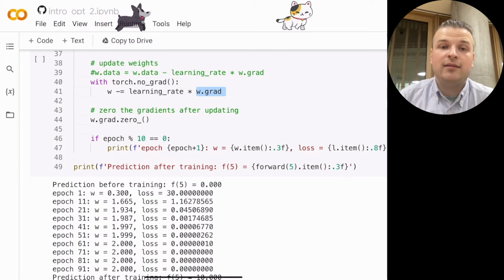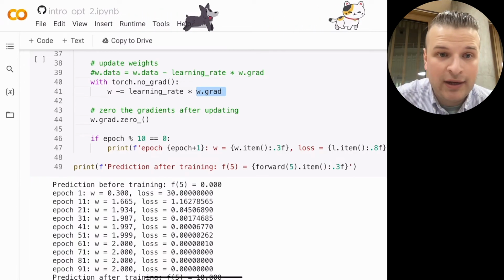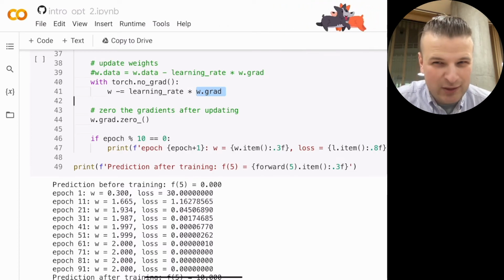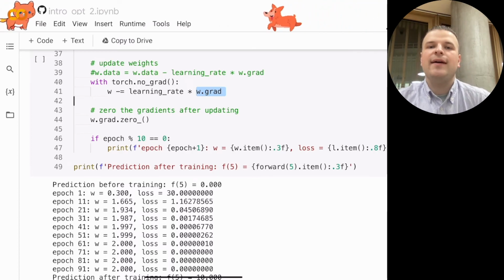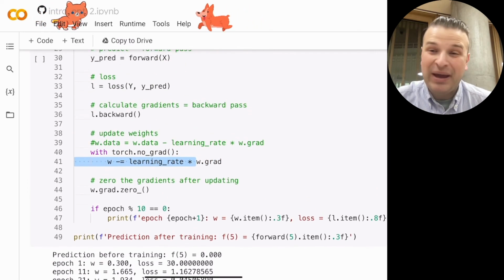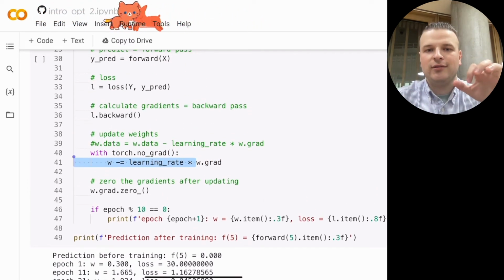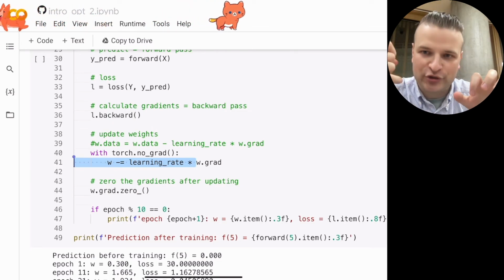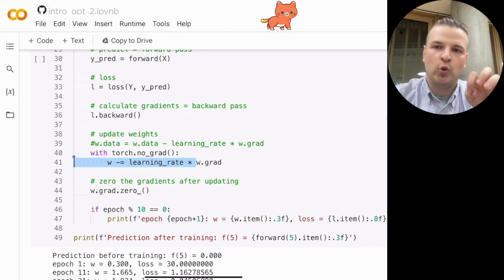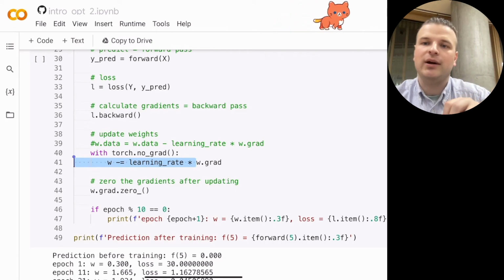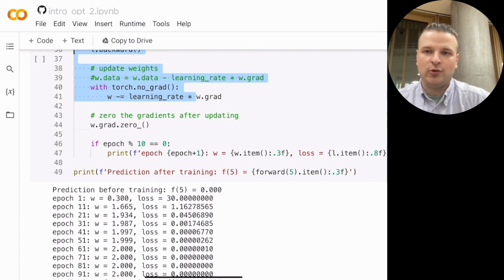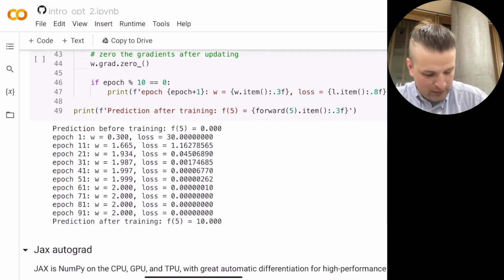Next, I'll zero my gradients in order to not accumulate all the gradients, because typically when you call backward here, you add the new version of the gradient to the previous value, which is initially 0, but if you do not zero it by hand, you have an option to accumulate all these gradients, which is not the best way to do it.